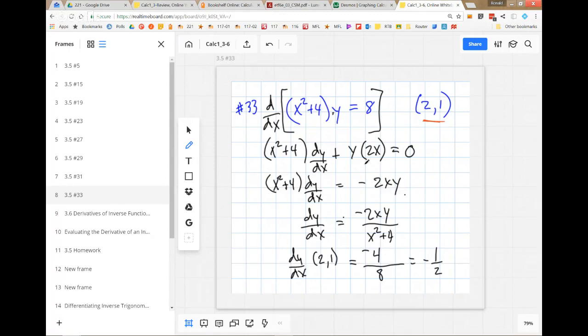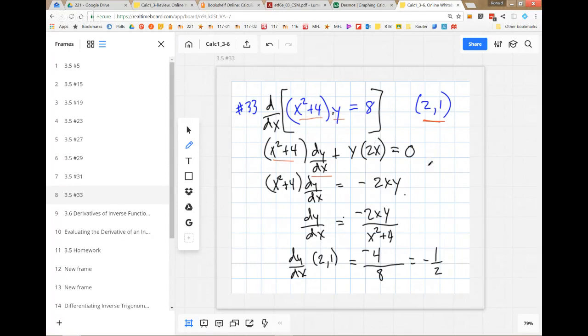When we take this derivative, that's a product rule, first times second. So the first times the derivative of the second, the derivative of y is just dy dx, plus the second times the derivative of the first. And on the right side, the derivative of 8 is 0.